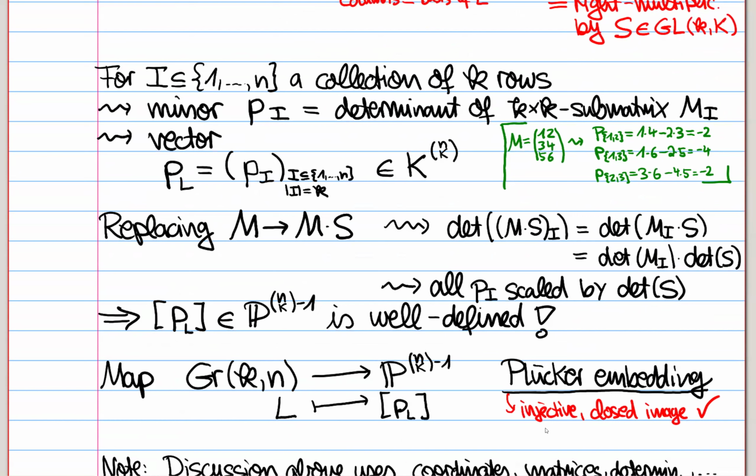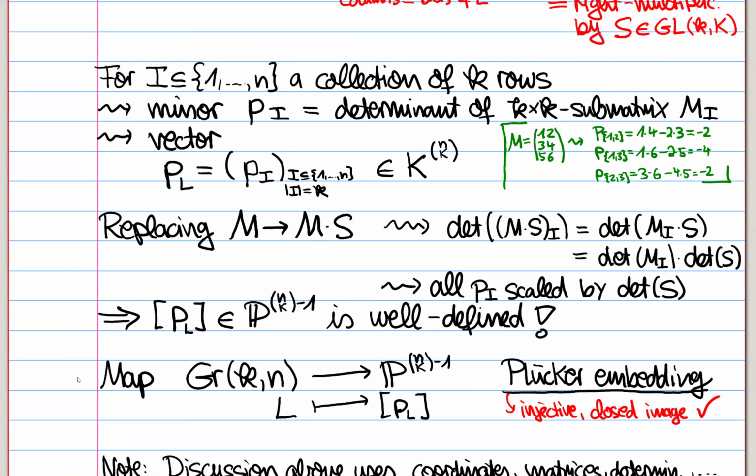And we will check in this chapter that it's injective with closed image, which is exactly what we wanted. So this gives the Grassmannian the structure of a projective variety. Now, as I said, this discussion was pretty quick and I didn't give any proofs.